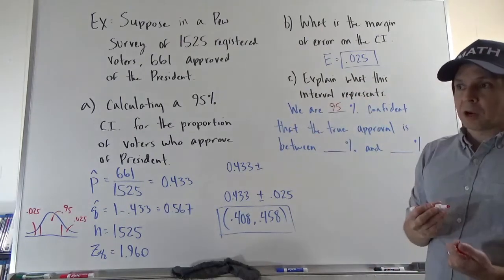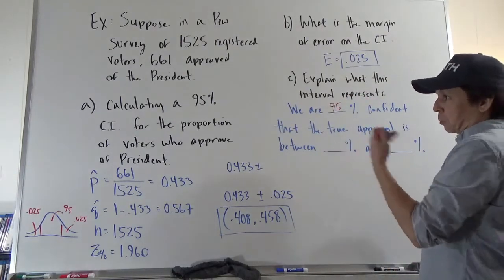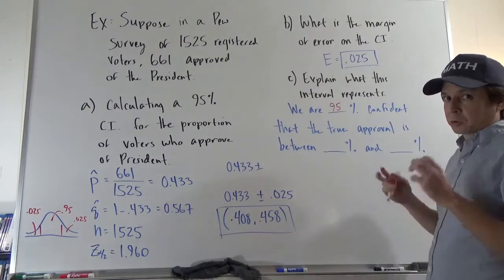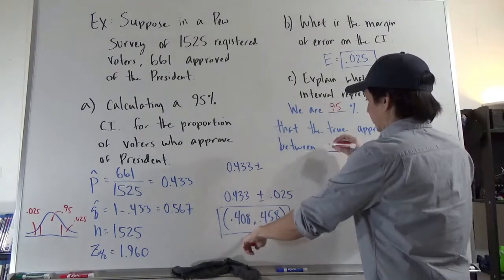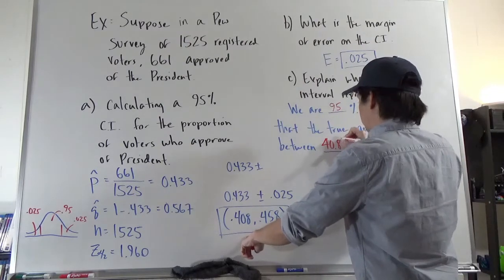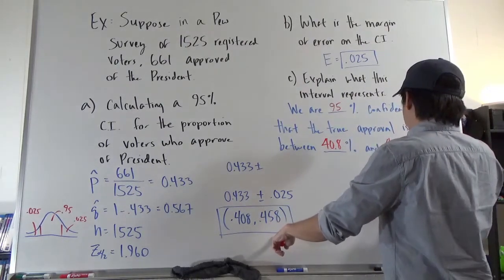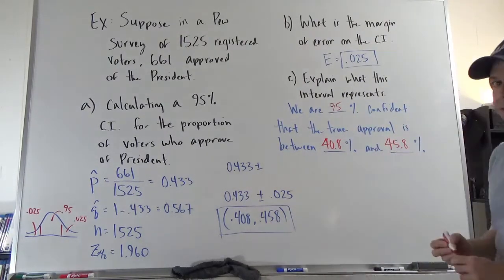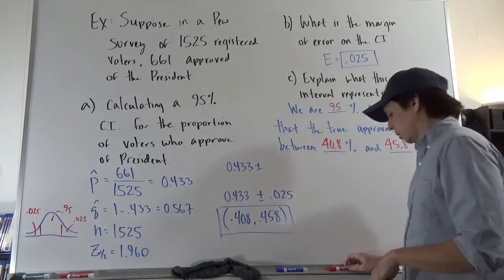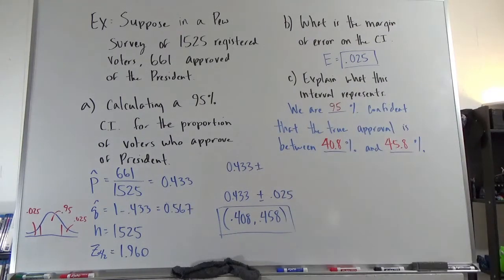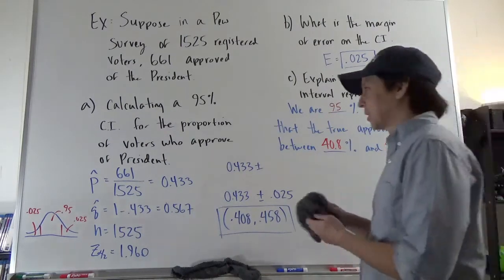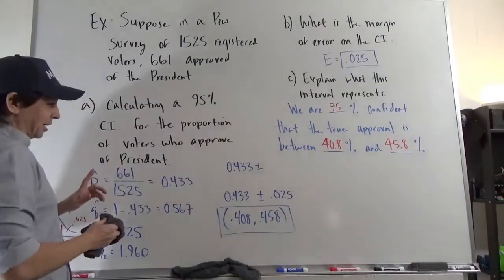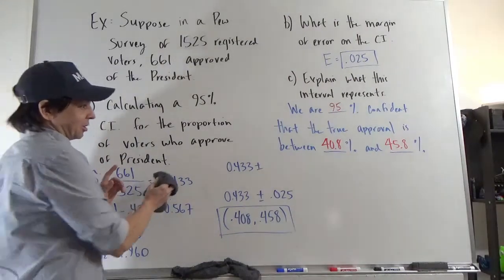We are 95% confident that the true proportion of voters who approve of the president, also called the approval rating or approval, is between 40.8% and 45.8%. So we're confident that it hasn't cracked 50%, far from it, which is never good for a president, but maybe they'll turn it around in the next week. All right, anyway, I got more follow-up questions for this.